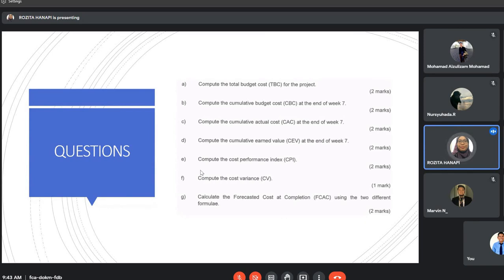So 0.90 indicates that, okay, the ratio indicates that for every 1 ringgit or $1 actually expended, only 0.90 of earned value was accomplished.